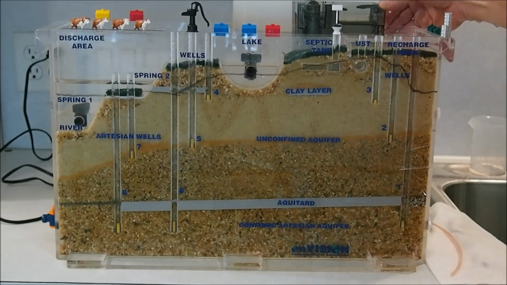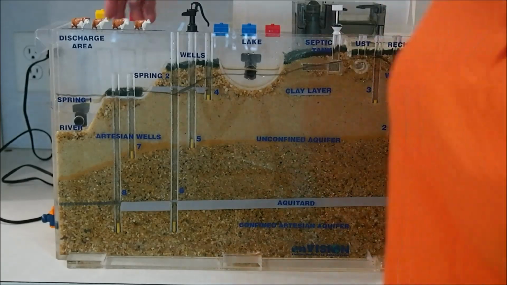I've increased the discharge, and you see they're falling rapidly just by increasing the discharge. So let's go ahead and get this stabilized again.